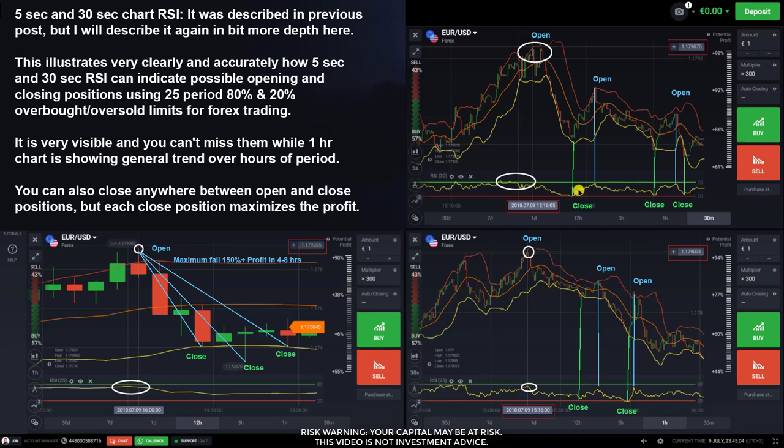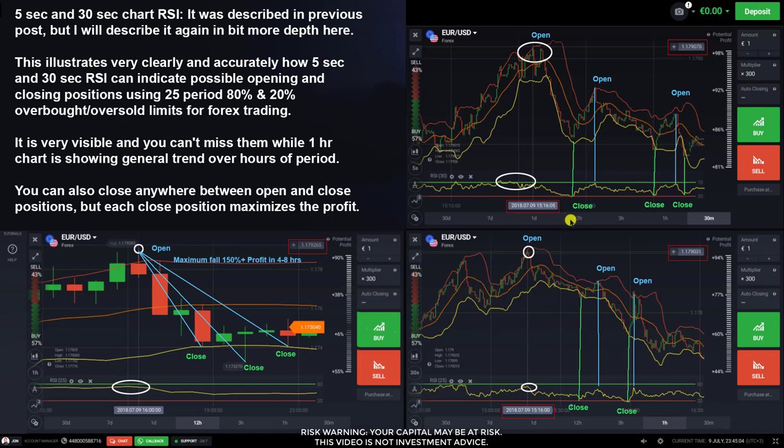So you don't want to miss that chance. You just close it when RSI gets right onto the bottom, or even a little bit earlier is okay too. So that's the first closing chance.